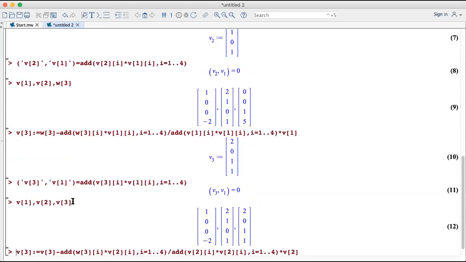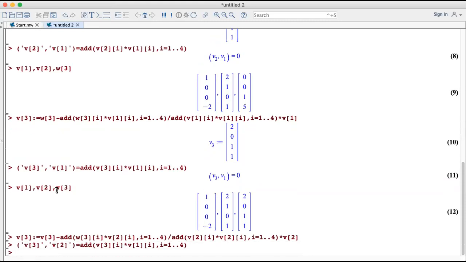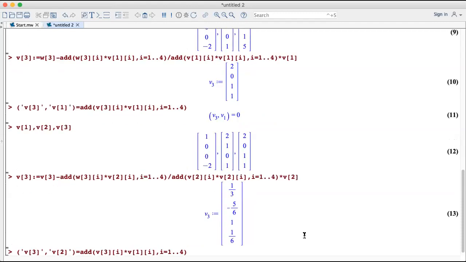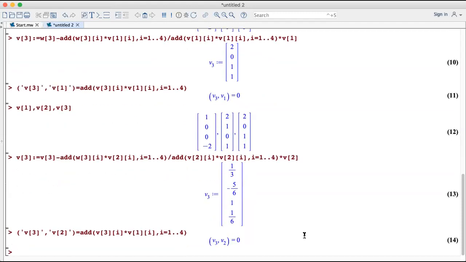The final one still has to be modified to make it perpendicular to this one, because it's already perpendicular to the first one. So copy the previous command with 3 and 1, but now with 1 replaced by 2. That's this one. Okay, so now we have the final.